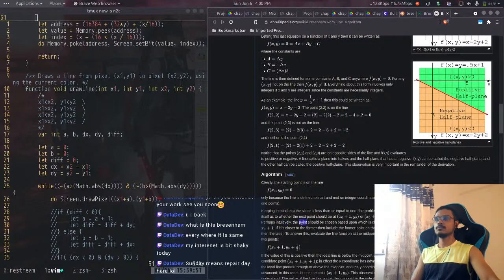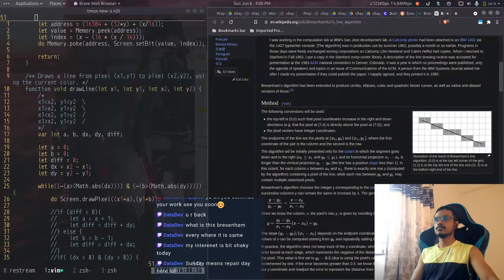Oh, perhaps the point should be chosen based upon which is closer to the line. Okay, but according to this algorithm, x is always increasing, right?